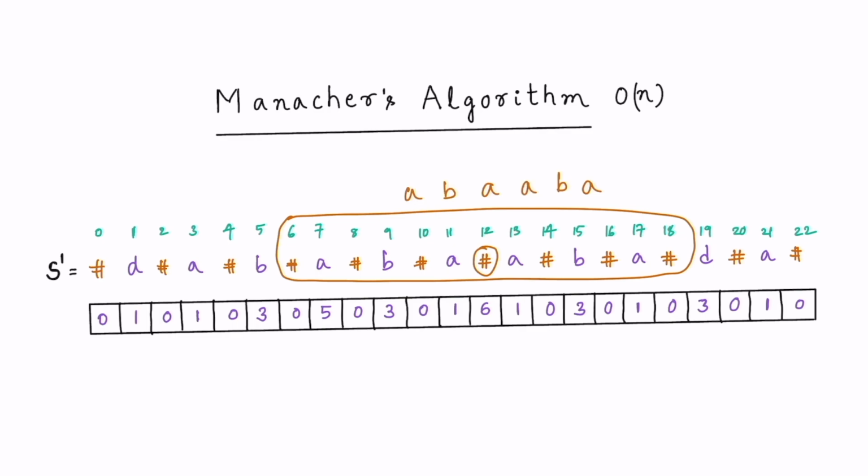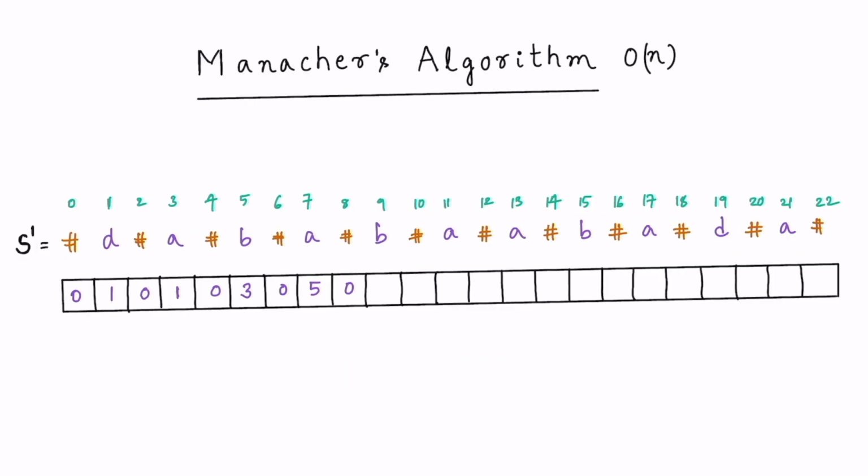So now, what can we observe in this table that will help us reduce the complexity from O of n squared to O of n? Here is the same example again. Let's say we have already applied the previous O of n squared algorithm to all these characters as the center character, and we have filled this table with the length of characters to the right and to the left of each center character that forms the longest palindrome.